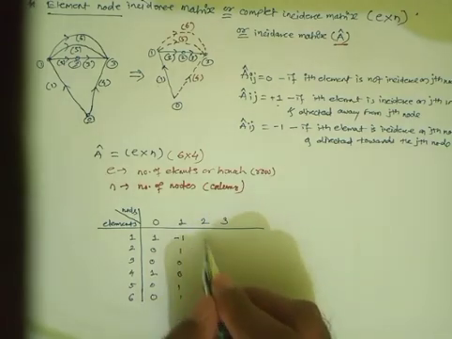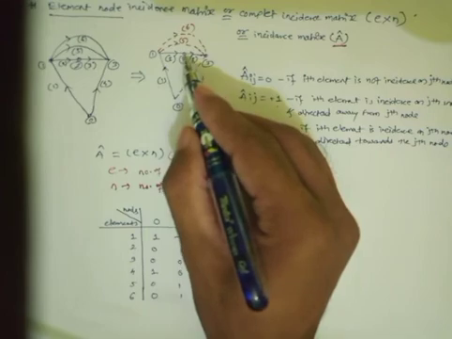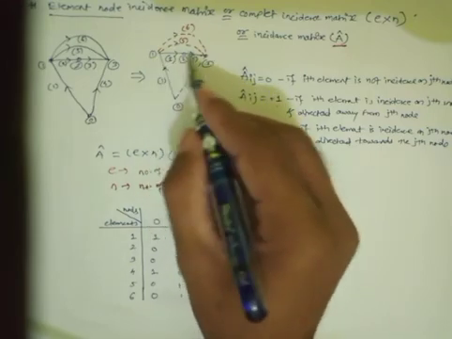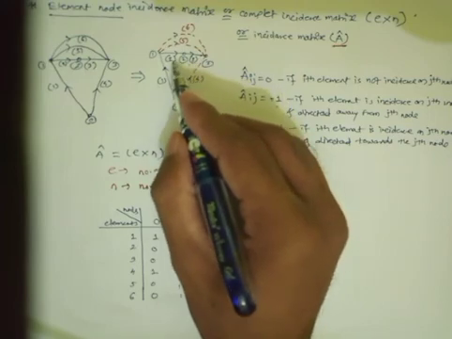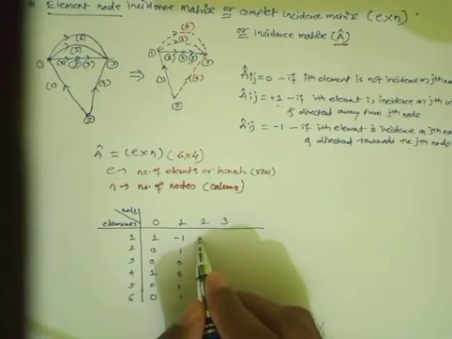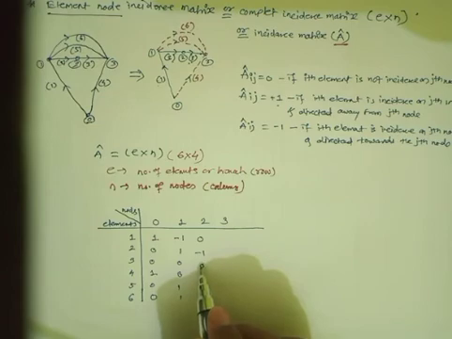In this way, similarly for node number 2, there are only 2 branches associated, 2 and 3. One is incoming, one is outgoing. Branch 2 is incoming, so it will be minus, and 3 is outgoing, so it will be plus 1.